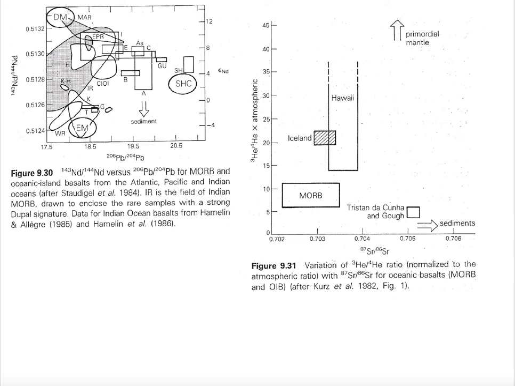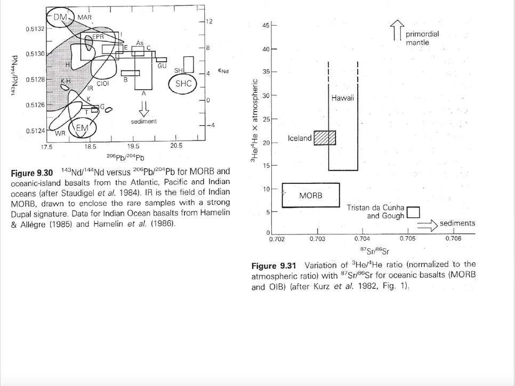So, and here, for example, they have used the helium-3 to helium-4 ratios from the atmosphere against the 87 strontium to 86. Then you are going here into the primordial mantle. Here you have the Hawaii, yeah.